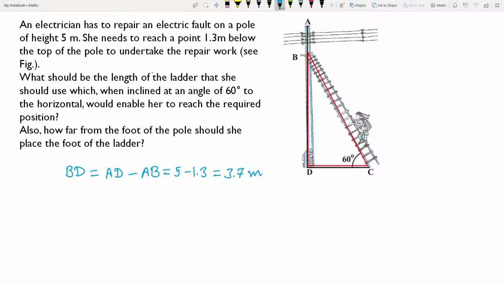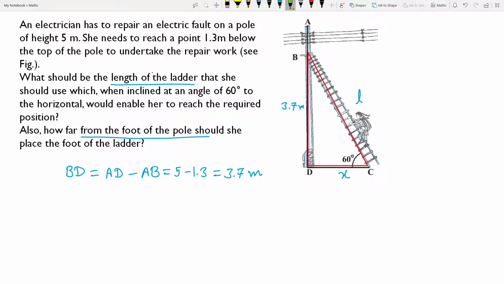Knowing BD as 3.7 meters, knowing this angle as 60 degree, we may think of finding the first answer. What should be the length of the ladder? Let me take L to be the length of the ladder. We will also later be finding how far from the foot of the pole should she place the foot of the ladder, means we will have to find this length x also.